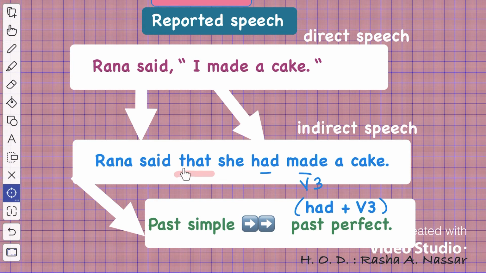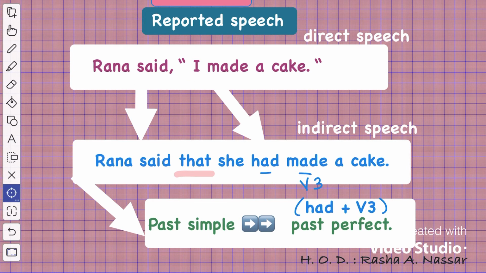So here I will write that instead of the comma and the small brackets. This is number one. Number two, if I have the pronoun I, I will change it into the pronoun before the brackets. So here I will be she.